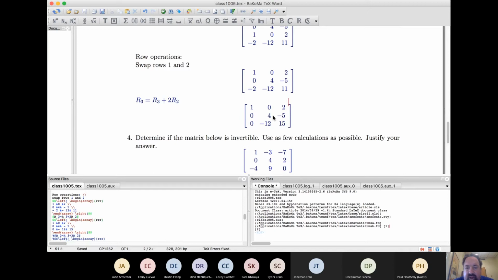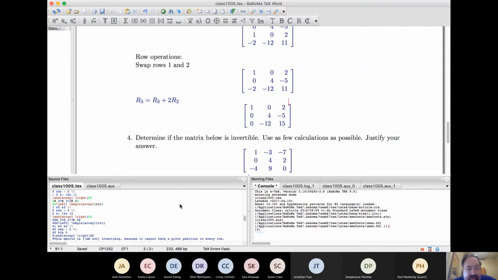Now, I will go a little further to perform one more row operation, but notice that the third row is a scalar multiple of the second row. So if I take the second row and multiply it by -3, I'm going to get exactly the third row.